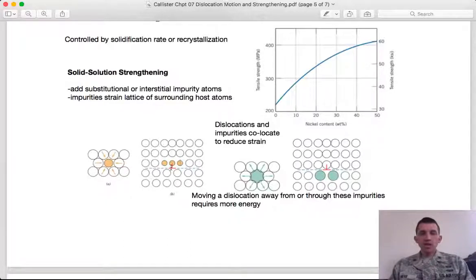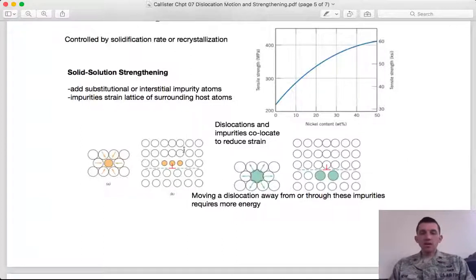If I have small atoms, then it's easier to put an extra half plane at that location. And over here on the right, if I have larger atoms, then it would be easier to co-locate those on the other side of the dislocation where I have extra space. That allows the material to reduce its energy even if it has both impurities and dislocations, if they co-locate.